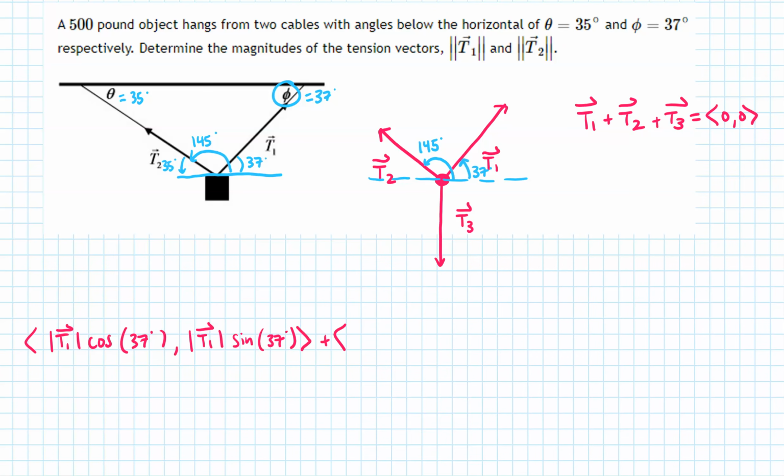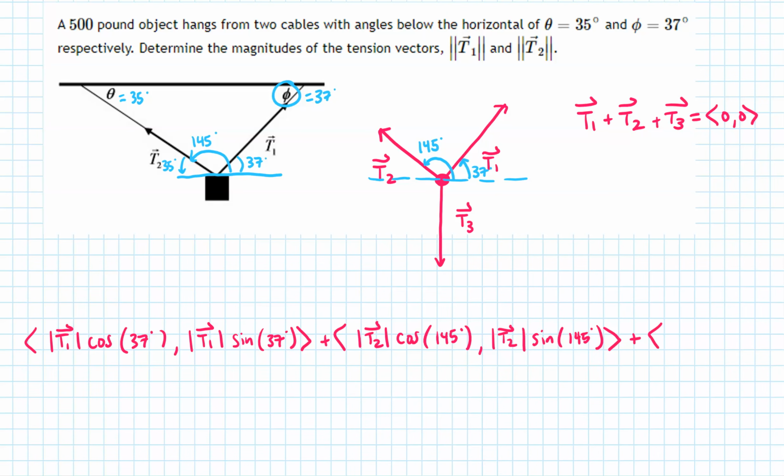And now we can write the component form of vector T2, and that's going to look like the magnitude of T2 times cosine of 145 degrees, and the other component would be the magnitude of T2 times sine of 145 degrees.